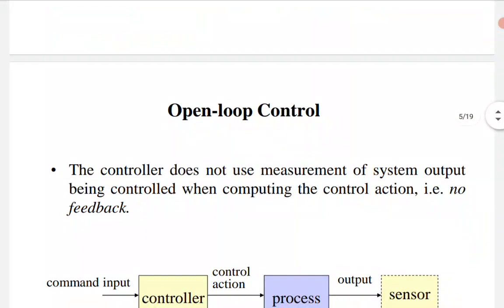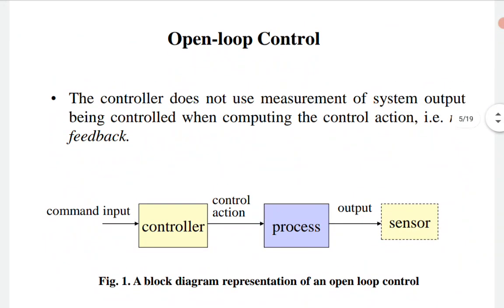Now we are focusing on the open loop control system. Here the block diagram is highlighted: controller, process, and the corresponding sensor, which senses the respective output. The controller does not use measurement of the system output being controlled when computing the control action, because there is no feedback connection, that's why this line is highlighted.